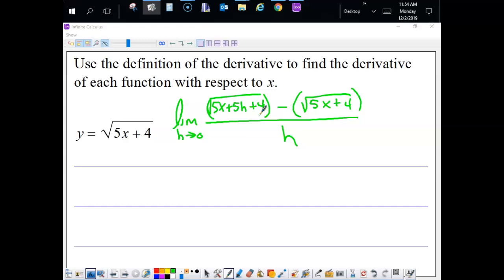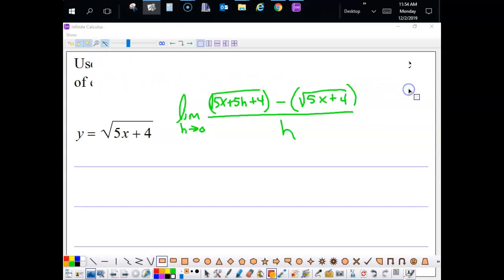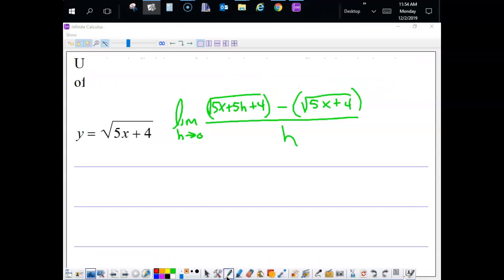So what we do is we multiply the top and the bottom by, let me create a little writing space for myself here. We're going to multiply the top and the bottom by the same thing, but with an opposite sign there in the middle.